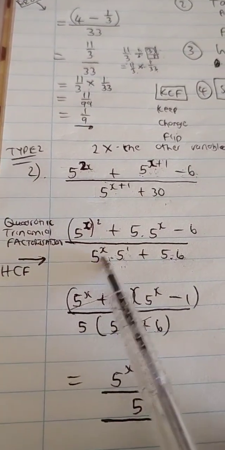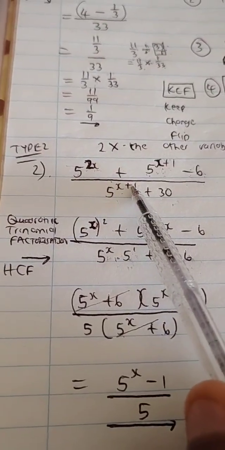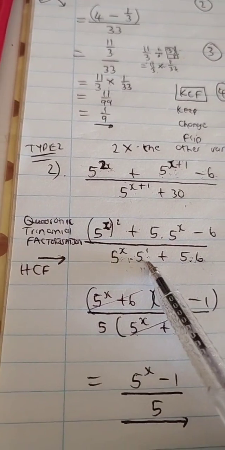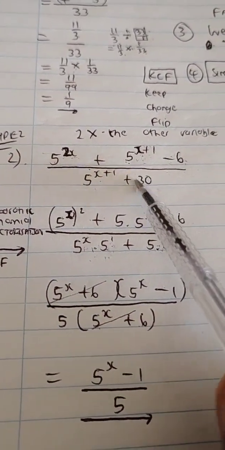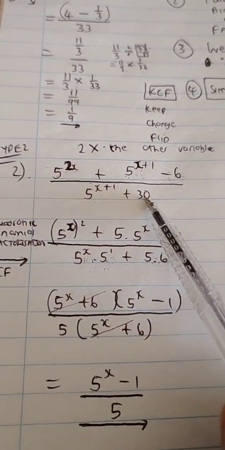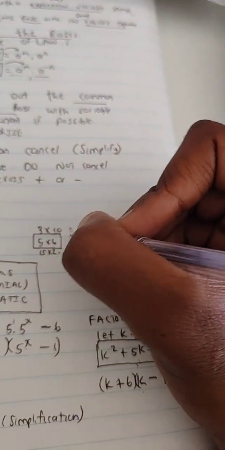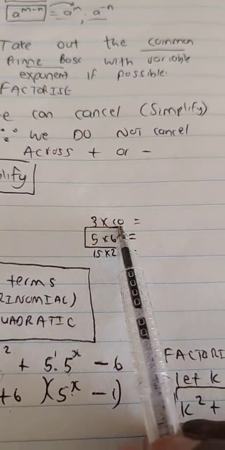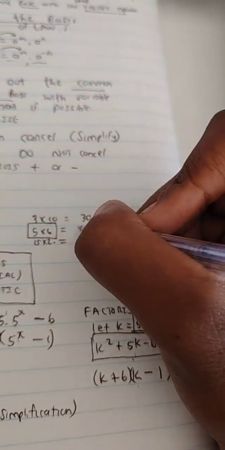So we split 5 to the power x plus 1 to be 5 to the power x times 5. There's a 5 here, guys. Then it means 30 needs to also be what? We need to split 30. Now, there are 3 different products of numbers that you could multiply together to get 30.